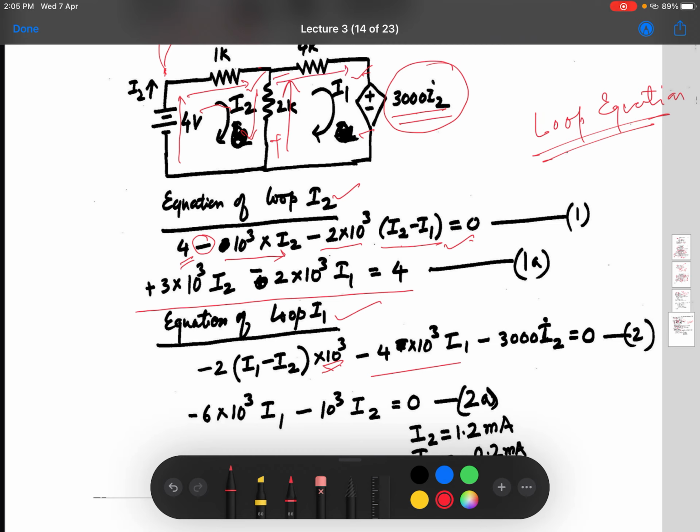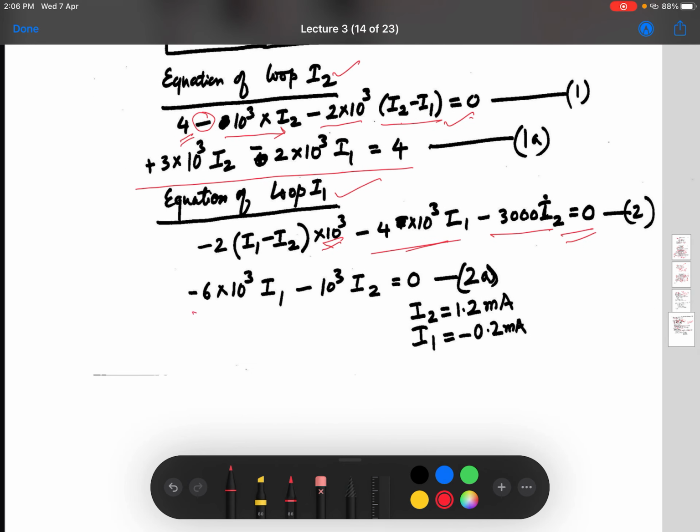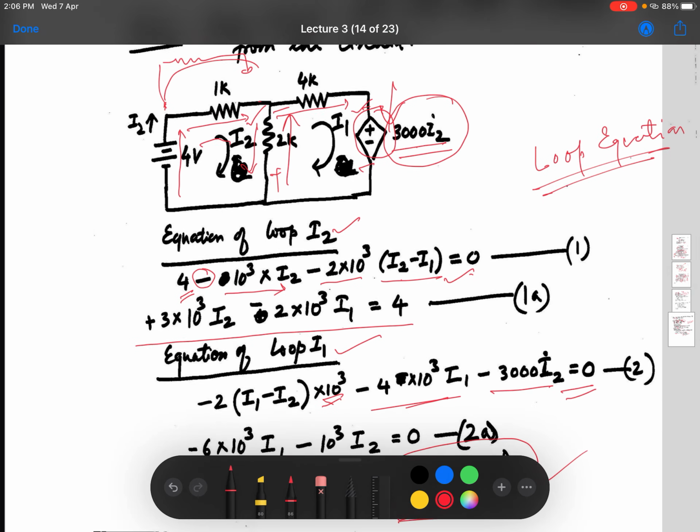Similarly 4k into I1, and again minus 3000. You see there is a drop going down, plus to minus. So that is the second equation, and you can put it in the proper way and solve it, and you can get I1 and I2.